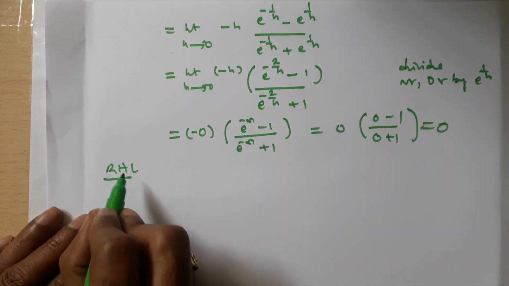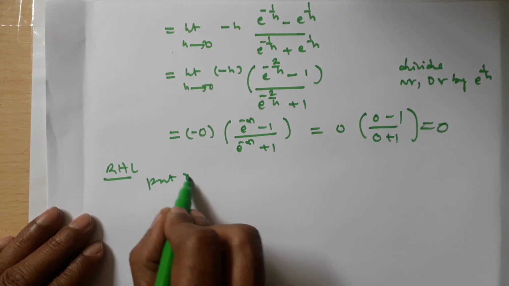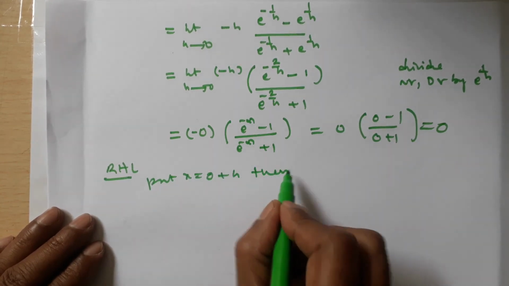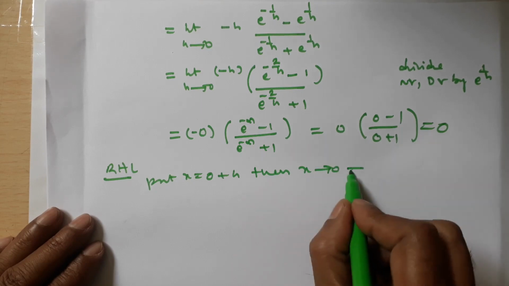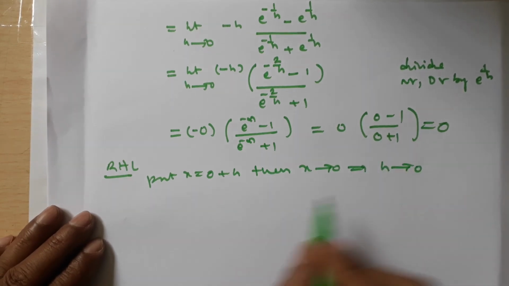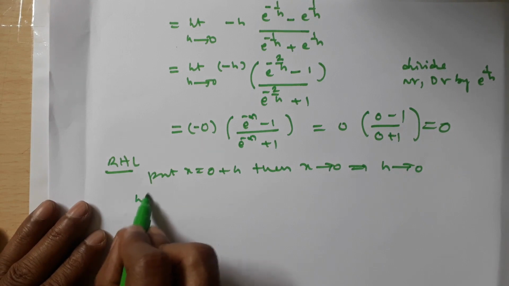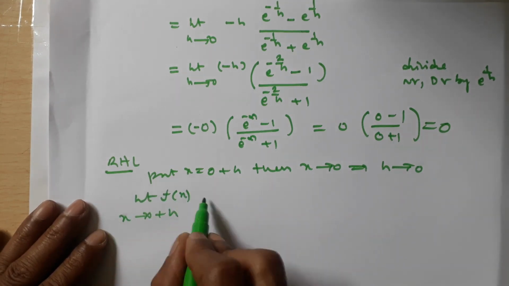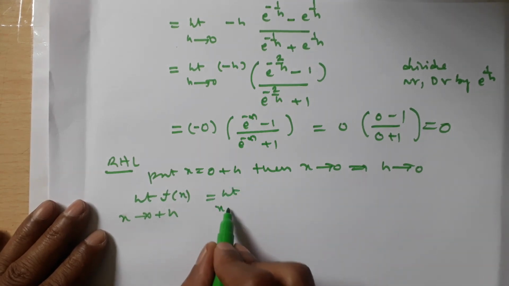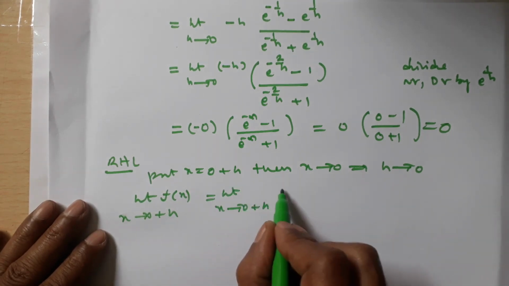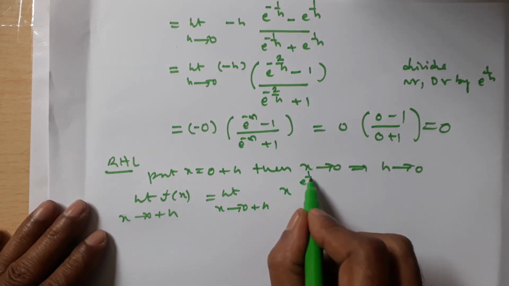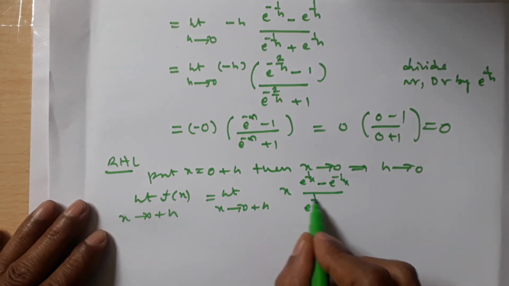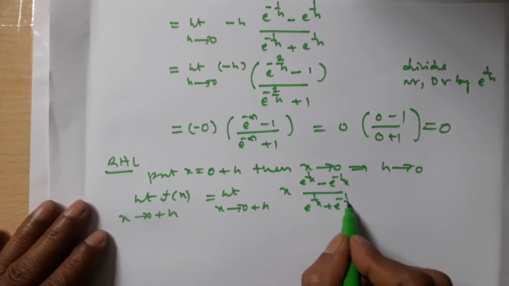Next, the RHL value. In this, put x is equal to 0 plus h, then x tends to 0 implies h tends to 0. So apply the RHL for the function. Limit f of x as x tends to 0 plus h is equal to limit x tends to 0 plus h, where the function is x into (e power 1 by x minus e power minus 1 by x) divided by (e power 1 by x plus e power minus 1 by x).